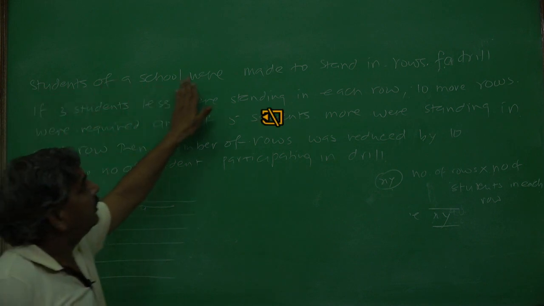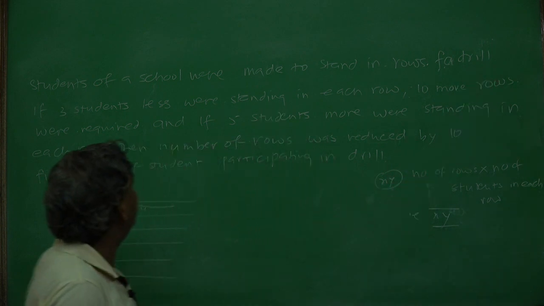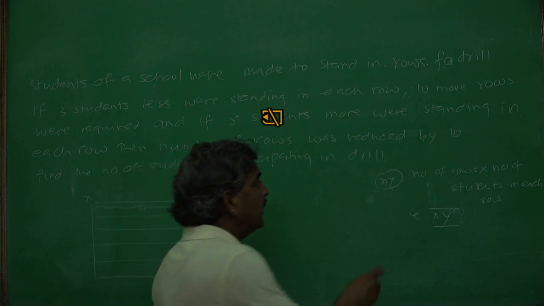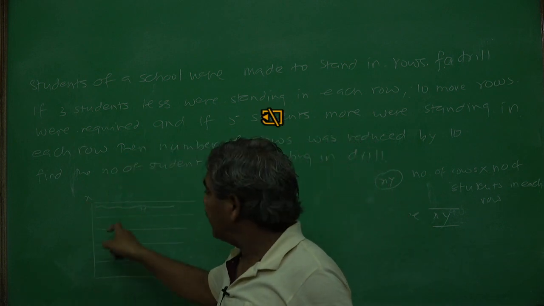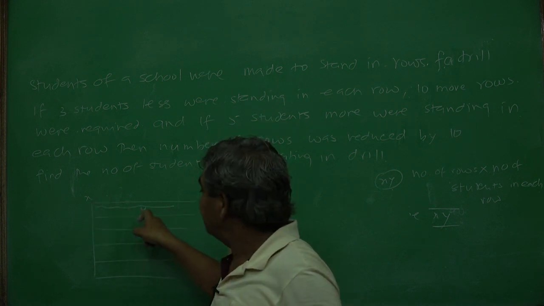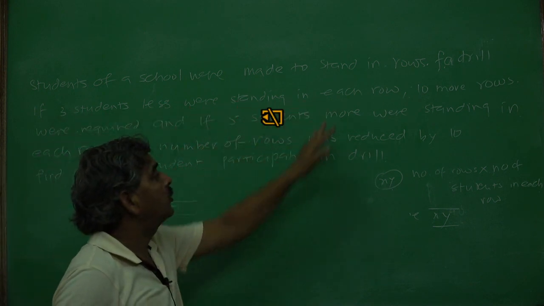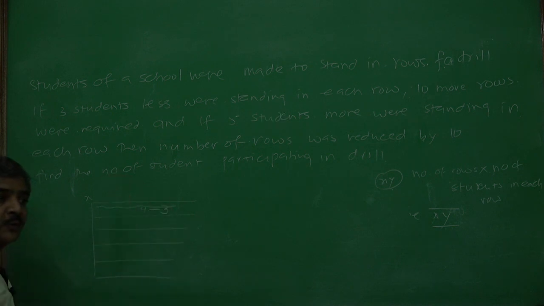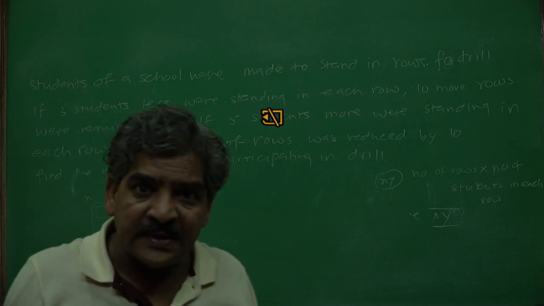Students of a school were made to stand in rows for drill. Very fine. If 3 students less, okay, so here X is the number of rows and Y is the number of students standing in each row. If 3 students less are standing in a row, let us reduce the number of students from each row by 3.